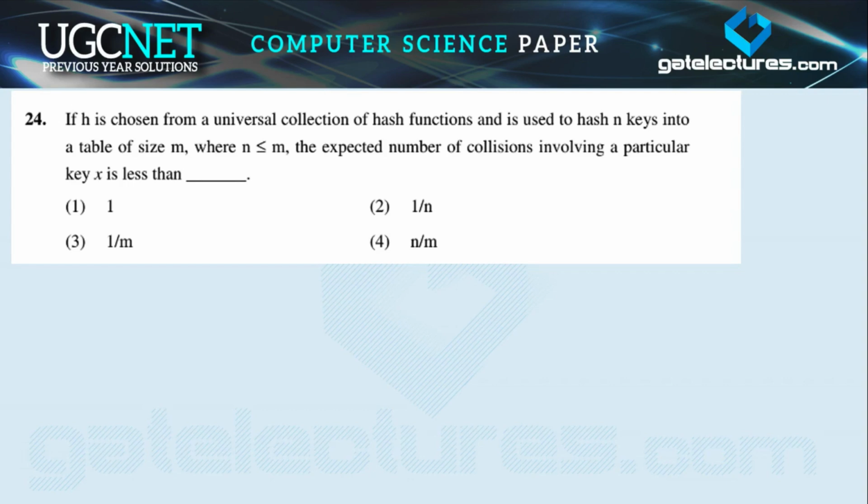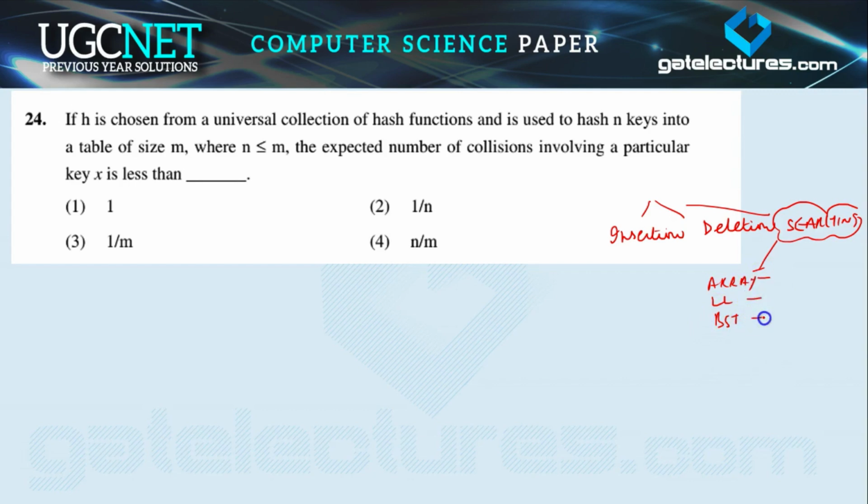So let's talk about hashing first. You know that in a data structure we perform some operations like insertion, deletion, and searching. Let's talk about searching. If we talk about different data structures like arrays, linked lists, binary search trees: for an unsorted array, it will take order of n time, and for a sorted array, it will take order of log n time.